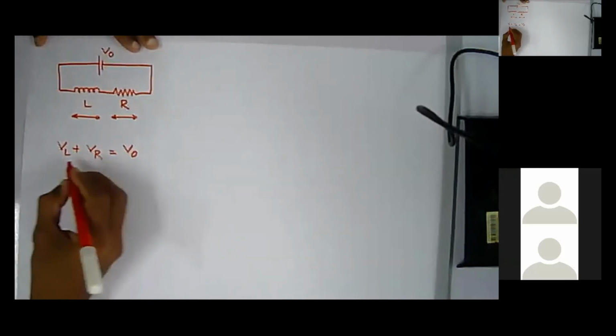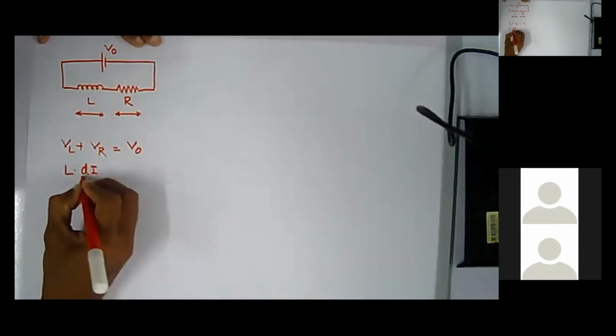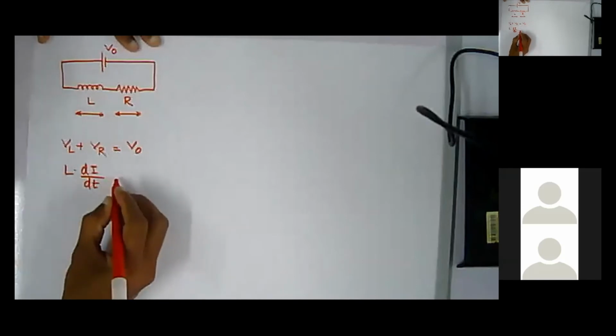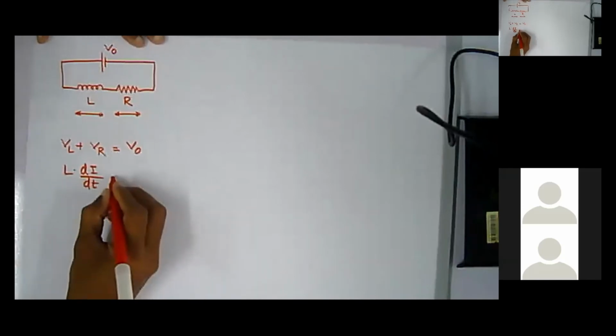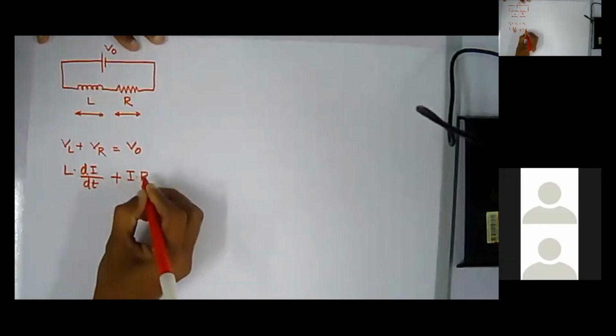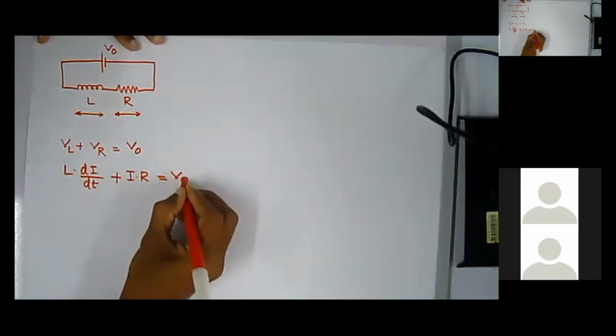We can write VL as L into di by dt, which we have seen in our very first class, plus I into R, since VR equals I into R, equals V0.